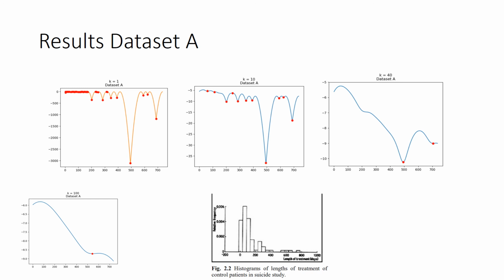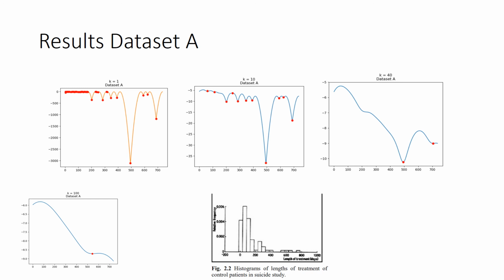So we see that with k equal to 40, we have three groups. We have one below 500, one between 500 and 700, and one above 700, but it's not really convenient to use that because we have no points above 700.